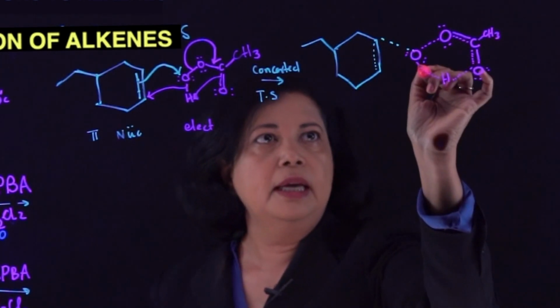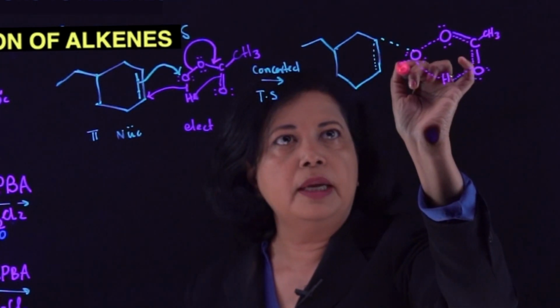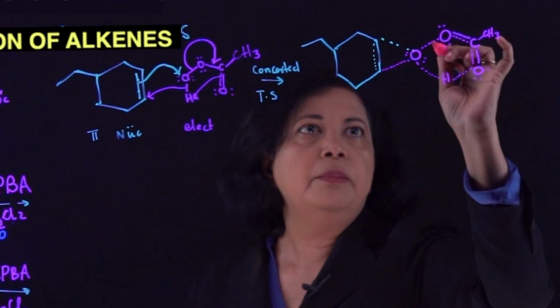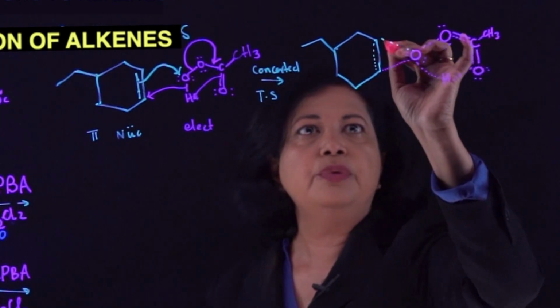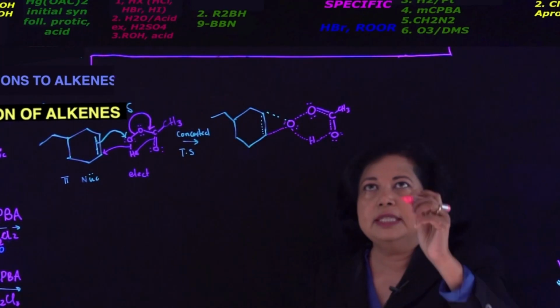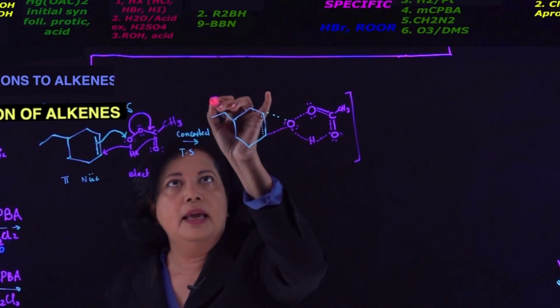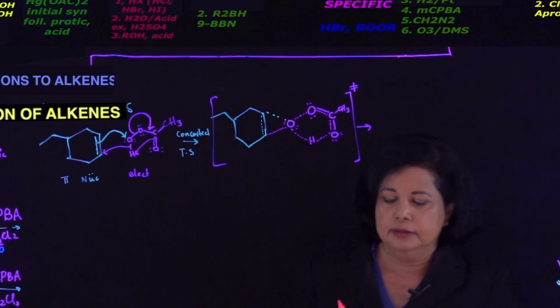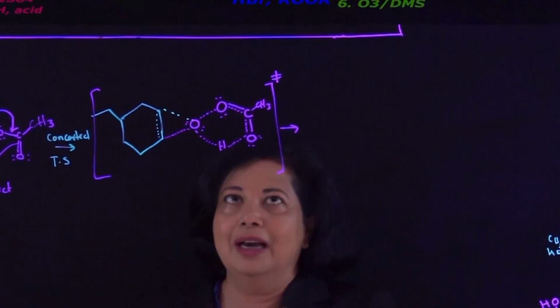And at the same time, these electrons are pouring into this carbon. So we have a 5-membered ring and a 3-membered ring, kind of twisted up in the transition state. And that's just a millisecond, a momentary thing in time.